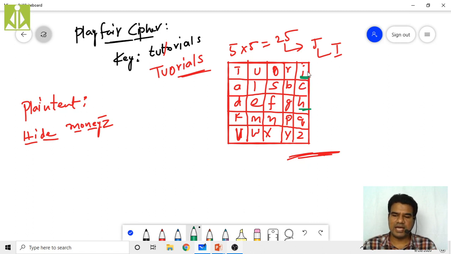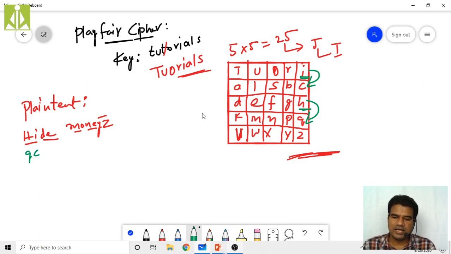So for this H we have to select Q, and for this I we have to select C.